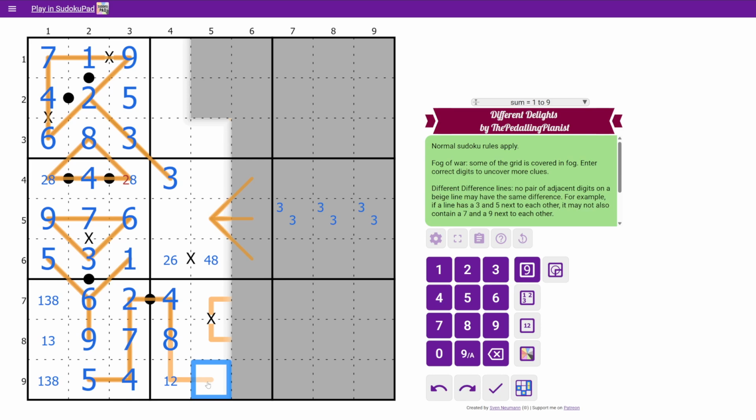If it was 6, then 7 more would be 9. If the 8th one was 7, then 8 more would be 9. So either way, this has to be 9.